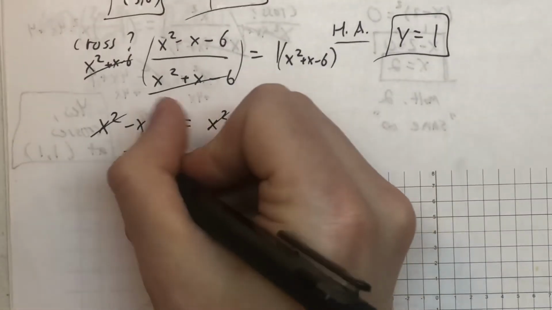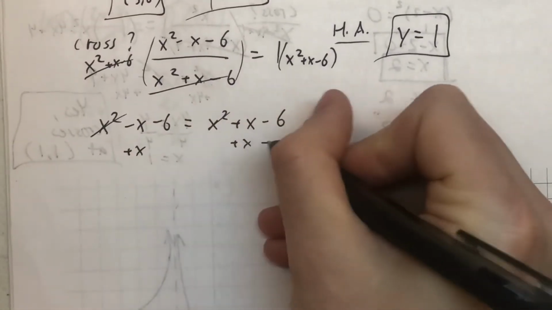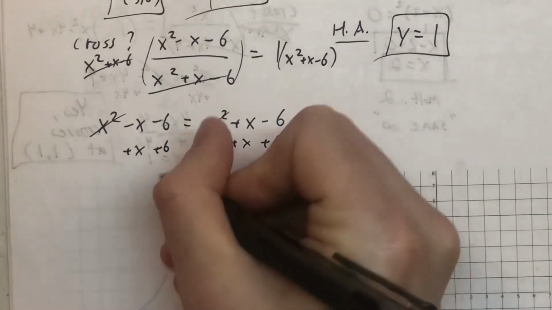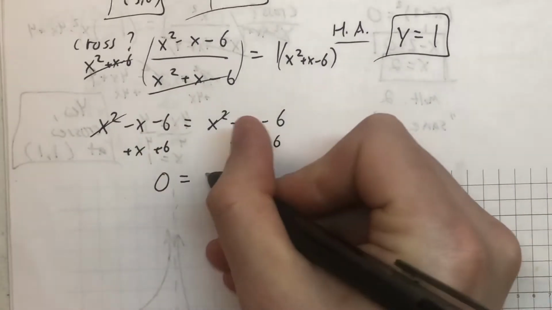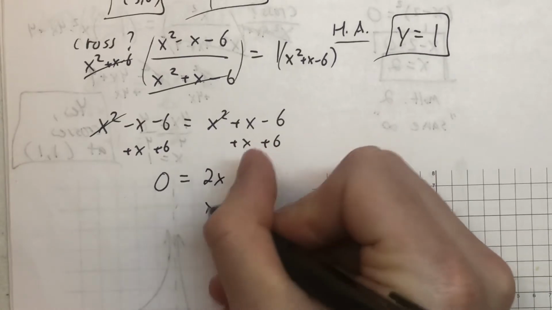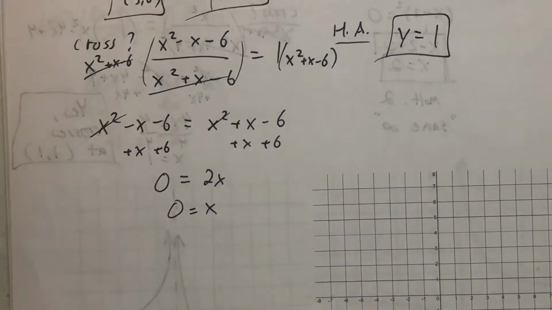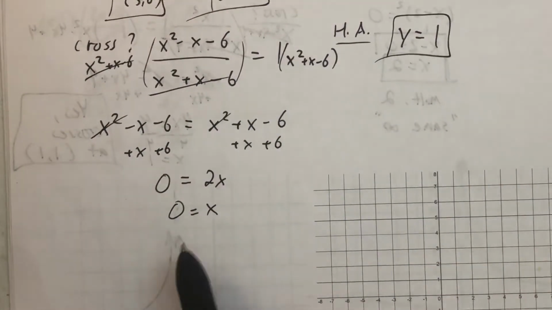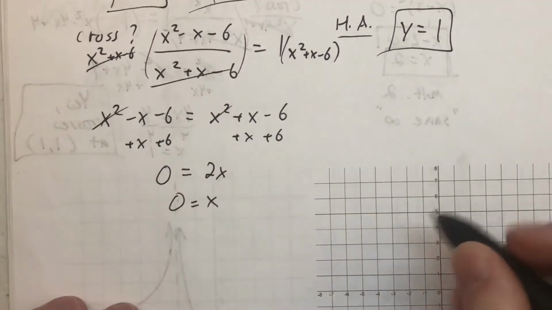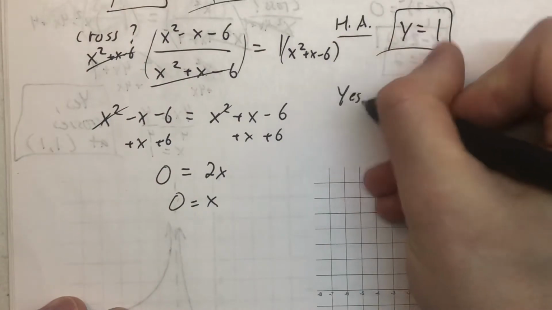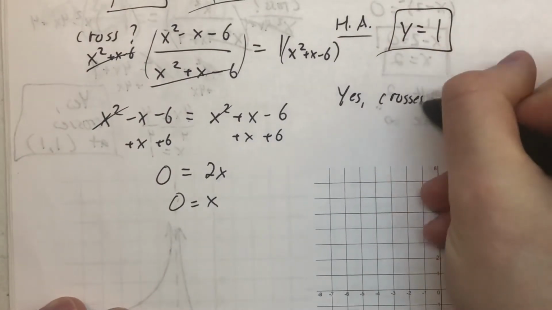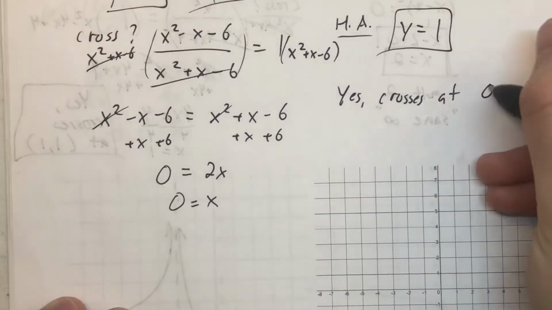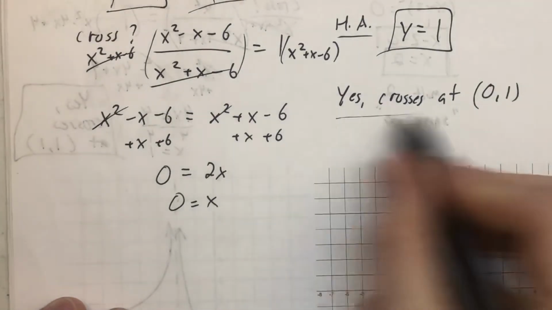For the rest, let's add x that way, move 6 this way, but that gives us a 0. So 0 equals 2x. Divide both sides by 2. x equals 0. So the question of does this cross the asymptote? We got a solution, so we would say yes, it crosses at (0, 1).